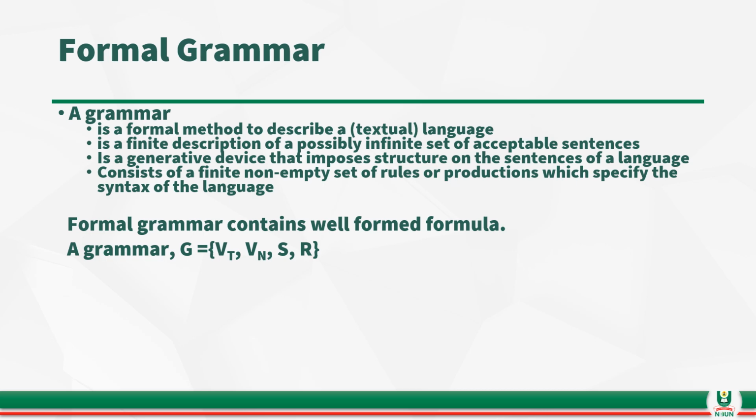VN is the set of non-terminal symbols placed on non-terminal nodes and represented with capital letters. S is the starting symbol, usually placed on the root node, and R is a finite non-empty set of rules to combine symbols.